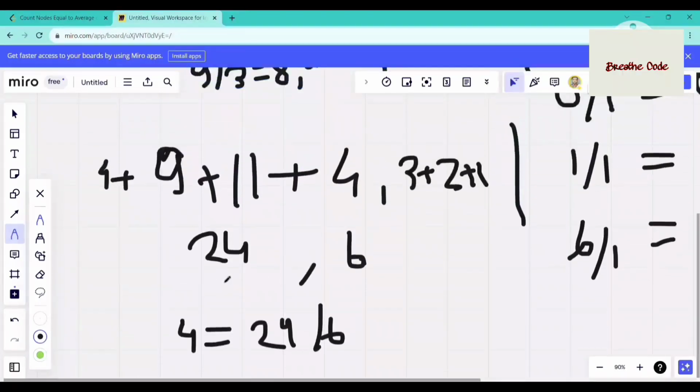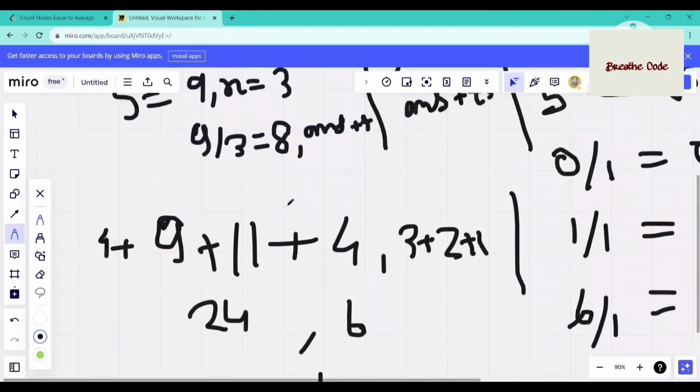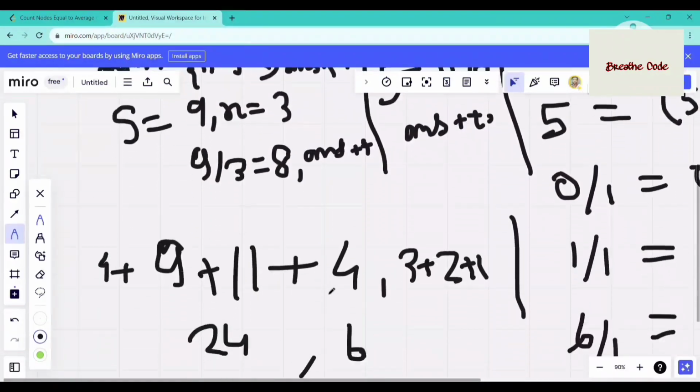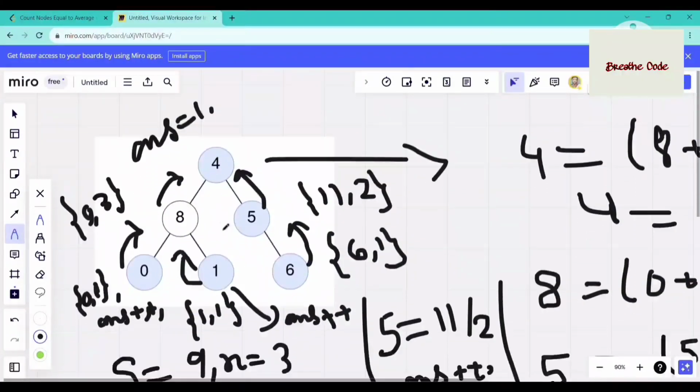So here my condition will be 24 divided by 6 should be equals to 4. Okay, so here my condition will be true, so I'll increment my answer. My answer will be incremented here, and I will return. So in this case my answer will be 6. How? Because here answer will be incremented.